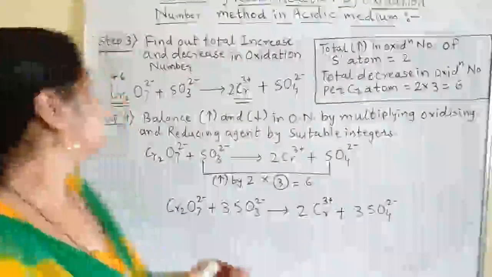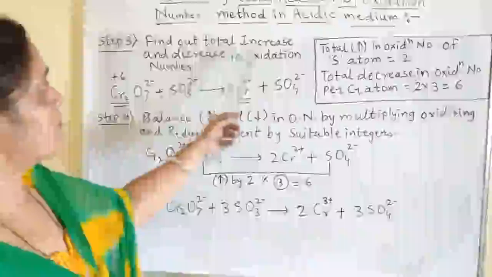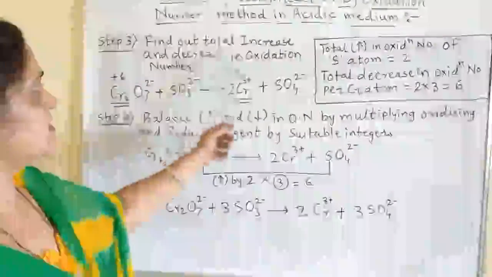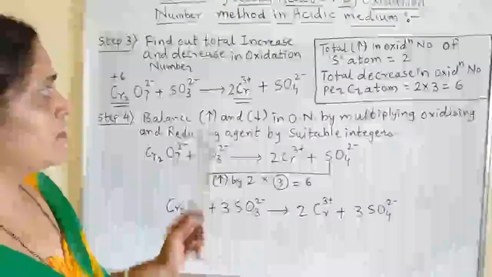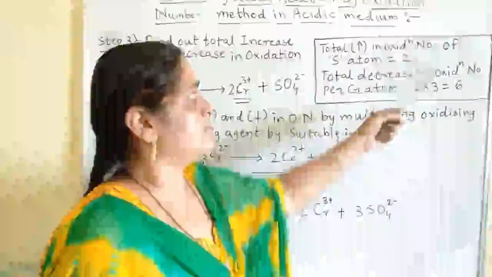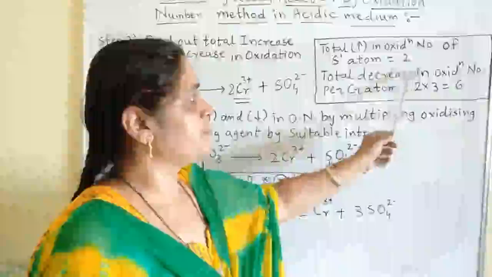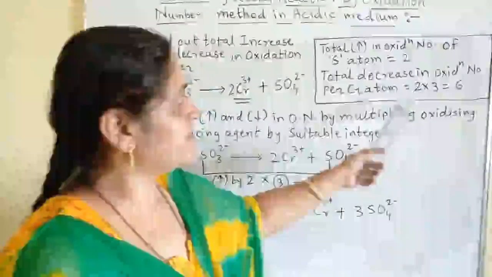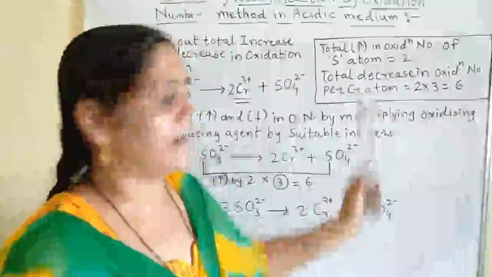Now students, see the next step. In this step we have to find out the total increase and decrease in the oxidation number. We already know that the total increase in the oxidation number per sulfur atom is 2. But the total decrease in the oxidation number for chromium, we have to find out.